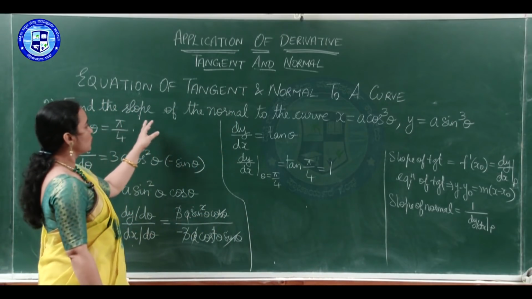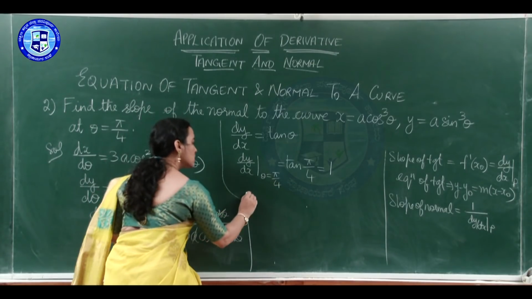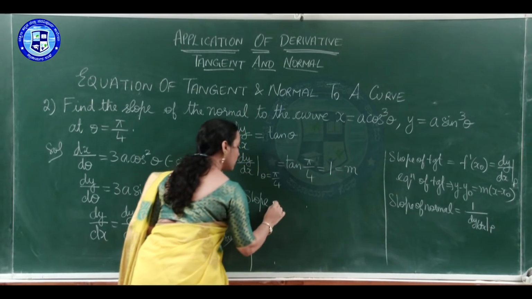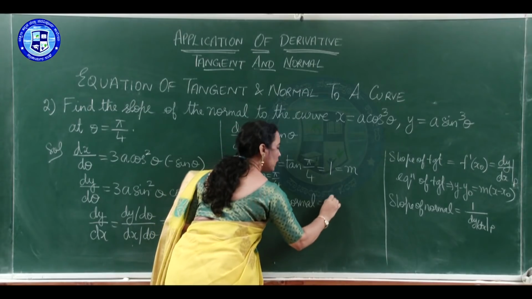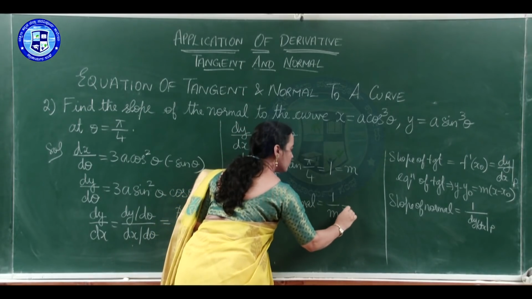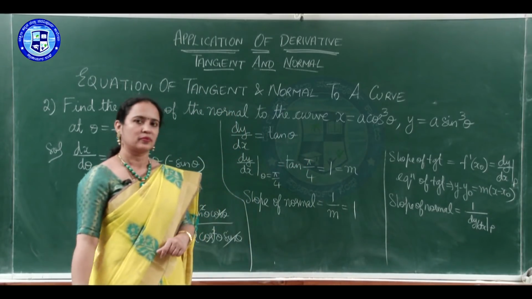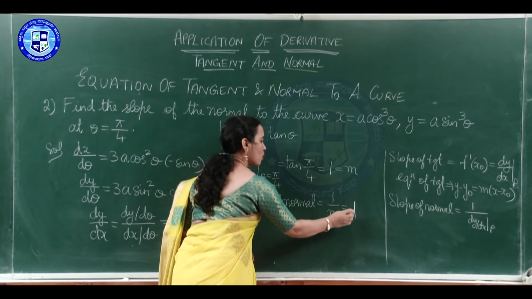They have asked you to find slope of normal. Now, this is slope of tangent. So, what will be slope of normal? If I take this as m, then slope of normal will be 1 by m, which is nothing but 1 by 1, which is 1. So, slope of normal to the given curve is 1.